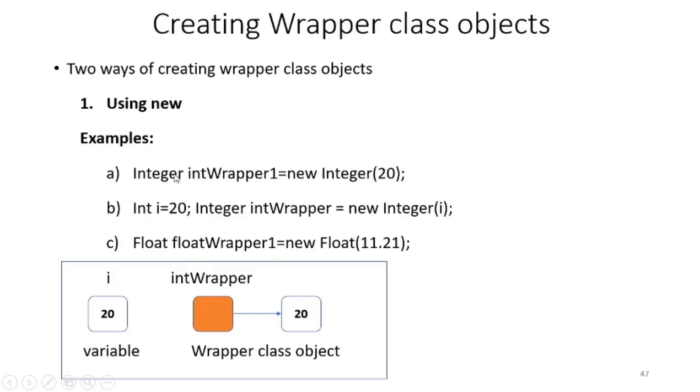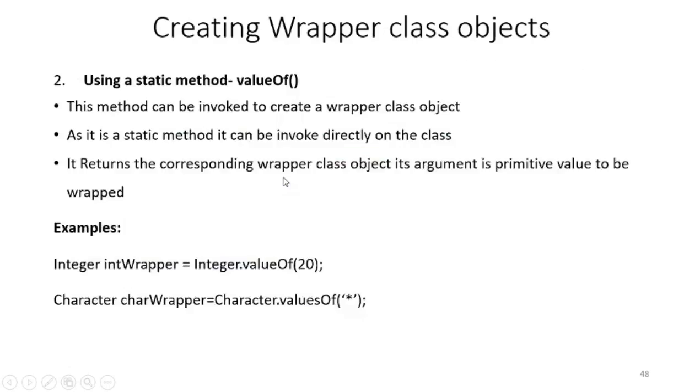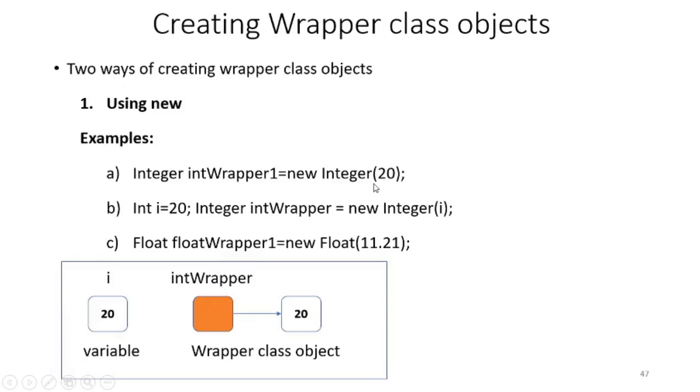So at the first point it is given that there is an Integer wrapper class. This is the name of the object of that class, intWrapper1 assigned to new Integer and in brackets value 20. So here object intWrapper1 is the object of wrapper class Integer with value 20.